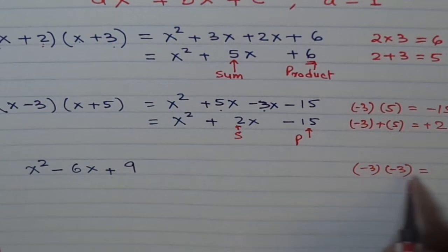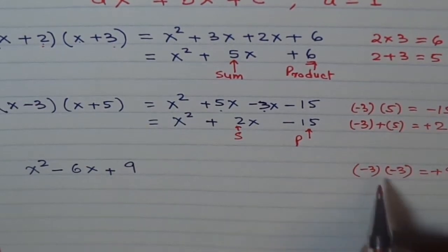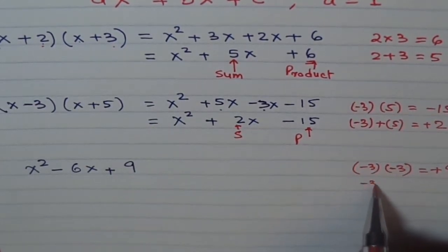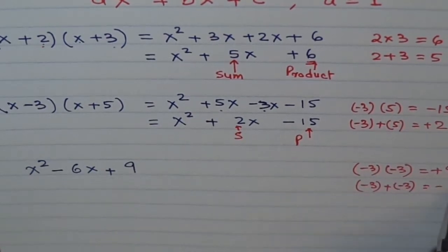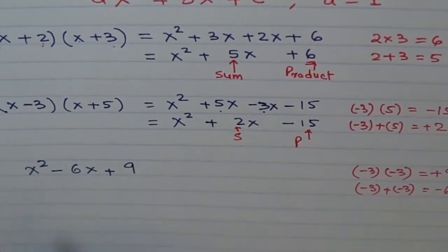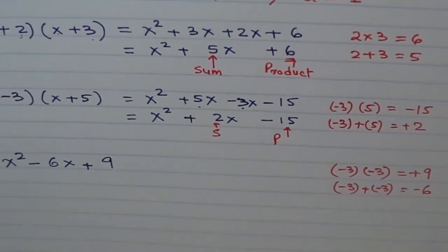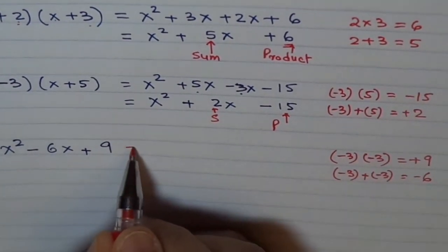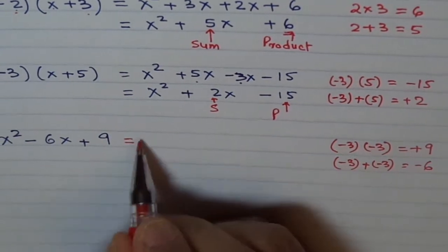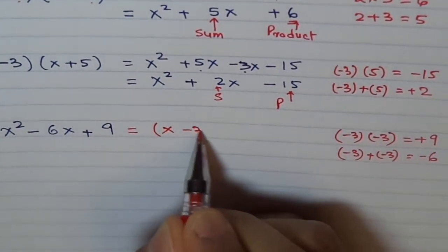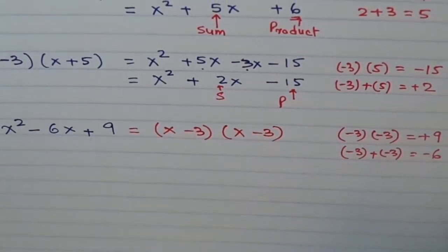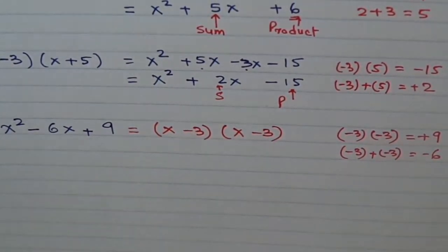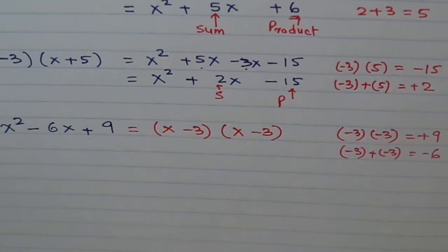When you multiply them, you get plus 9, and when you add them, that is minus 3 plus minus 3, you get minus 6, which is the sum. Correct. So can I write this as x minus 3 times x minus 3? In this particular example, both numbers turned out to be the same.